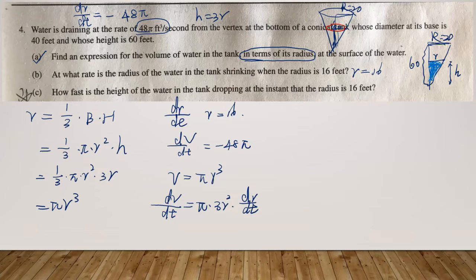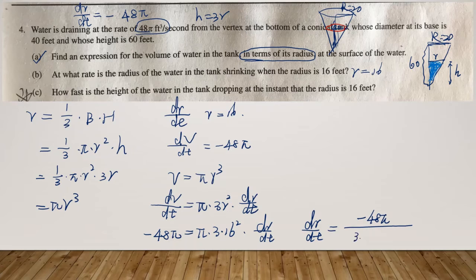Now we have the relationship between dV over dt and dr over dt. So now we can substitute negative 48 pi for dV over dt equals pi times 3 times 16 squared times dr over dt. So now we can solve for dr over dt equals negative 48 pi over 3 times 16 squared times pi.